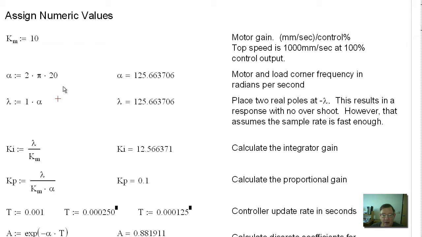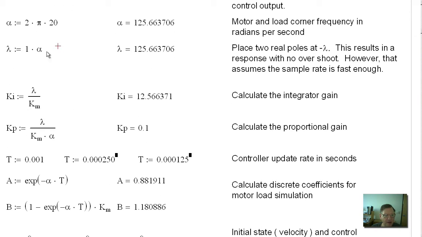Now, there's two real poles, and what's going to happen with the direct synthesis is that it places one of the zeros on top of the poles. So it'll cancel out one pole and it'll leave just the remaining pole, but there are two real poles, and they're going to be placed at minus lambda.